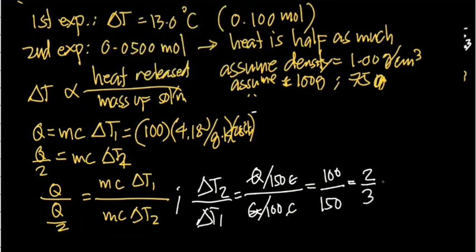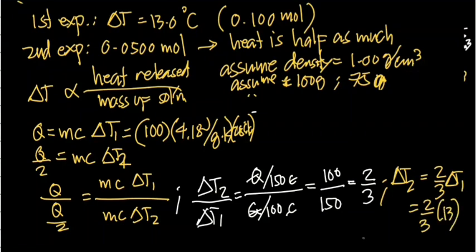Therefore here, delta T2, the temperature increase of the second experiment, is just equal to 2/3 of delta T1, and delta T1 is 13 degrees Celsius.